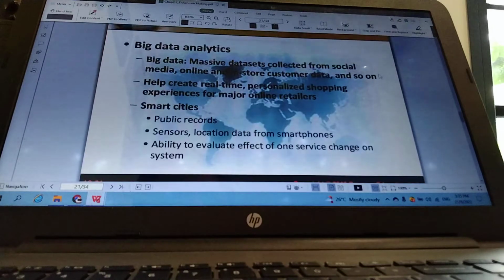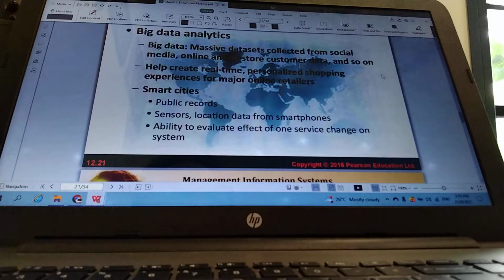Continue on the analytic, data analytic, specifically into big data analytic, where massive data sets collected from social media, online and in-store customer data, and so on, can be used to help create real-time personalized shopping experiences for major online retailers.